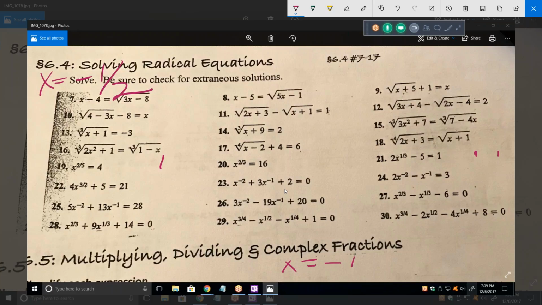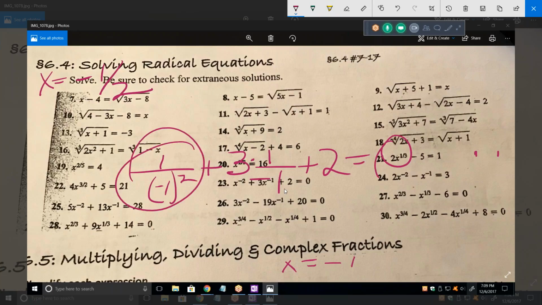So it's 1 over negative 1 squared plus 3 times 1 over negative 1 plus 2 equals 0. Well, what's that equal to? Just 1. What's the middle term equal to?